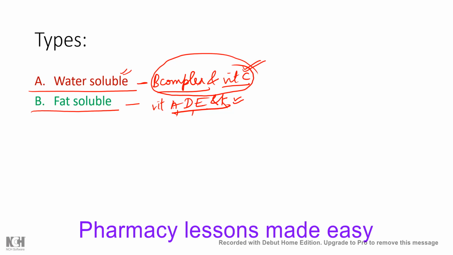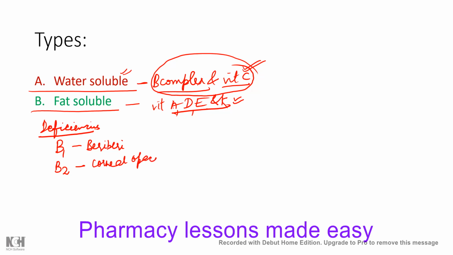If we talk about the deficiencies that they actually cause: vitamin B1, which is also called thiamine, leads to the disease called beriberi. Okay, and vitamin B2, that is called riboflavin, causes corneal opacity. Vitamin B3 causes cheek dermatitis.